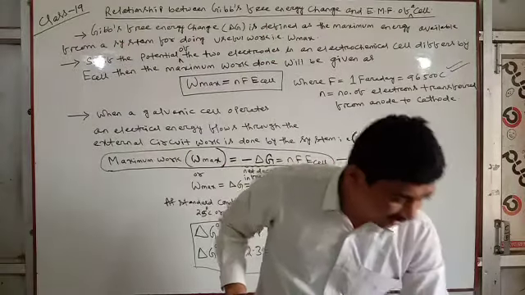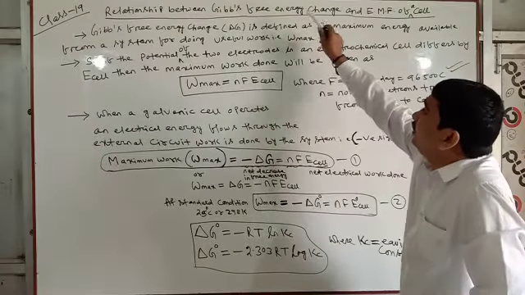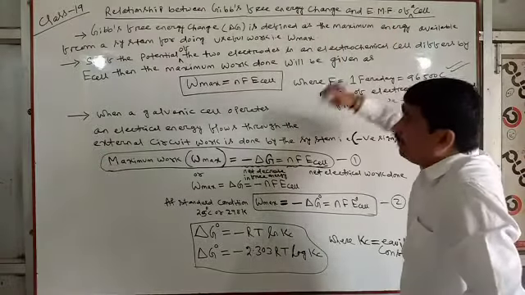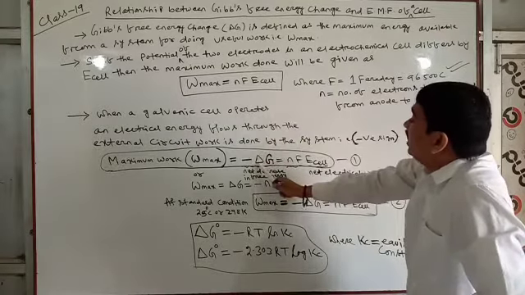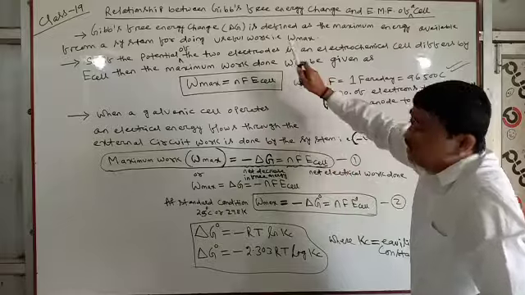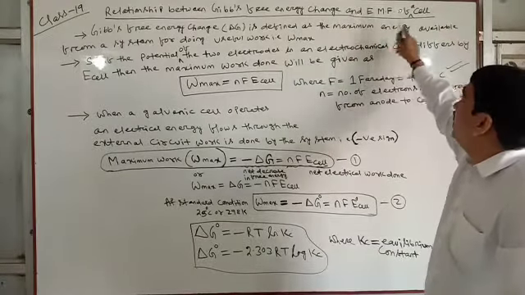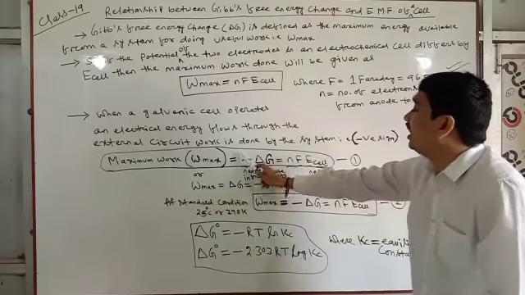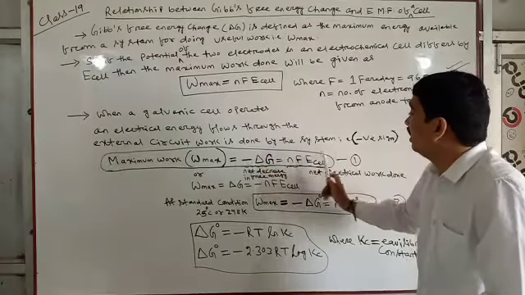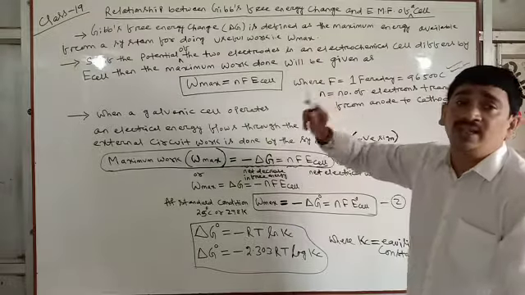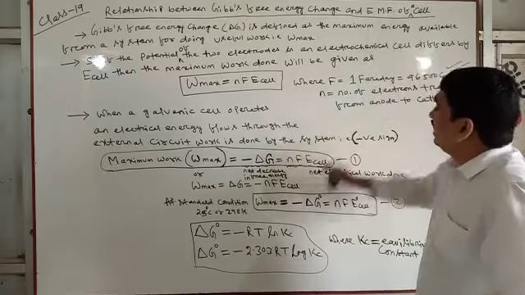Another formula I am giving next. You should remember the relationship between free energy change and EMF of the cell. Minus del G equal to NF E cell. If the question is, what is the relationship between Gibbs free energy change and EMF of a cell?